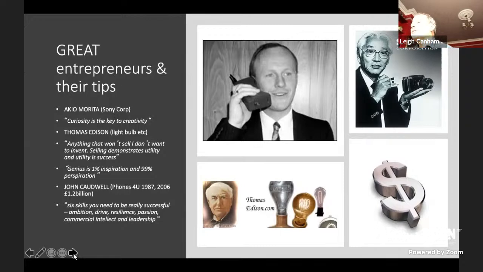But for example, John Caldwell has stated he thinks there are 6 skills you need. And a lot of entrepreneurs talk about hard work and ambition rather than creativity, for example.